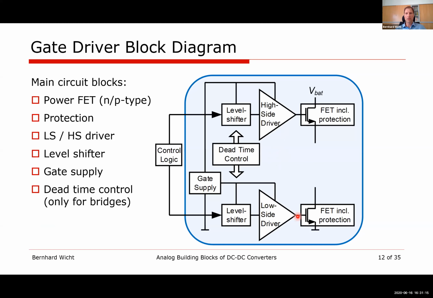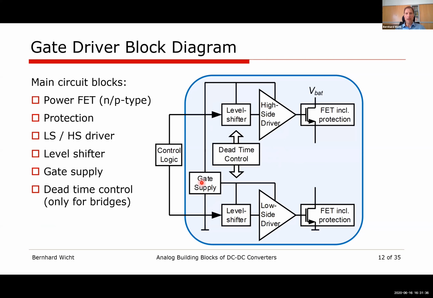Typical voltages that you apply at the gate source of your power transistor are in the range of 5 volts, for discrete devices even higher, 10 volts. So if we control it with logic that runs from maybe 1.8 volts or so, we need level shifters for the low side as well as for the high side.